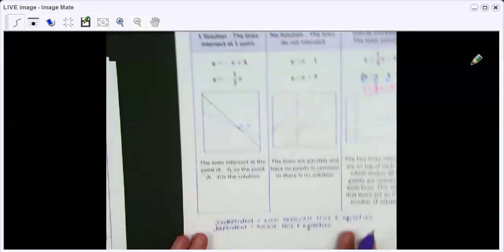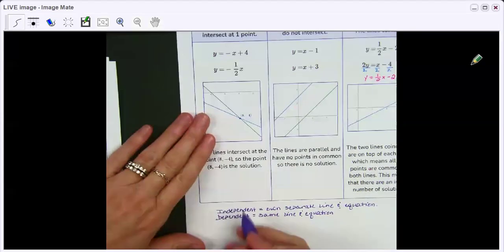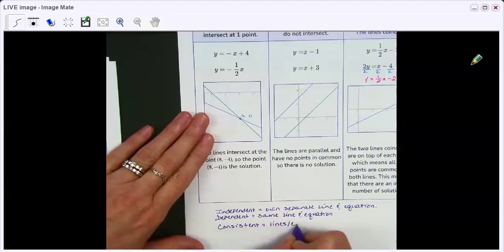Now we have consistent and inconsistent. Consistent means that they're going to intersect at a point or more than one point. Inconsistent means that they are not going to intersect at any point. So let's write that down here. Consistent lines or equations will intersect.